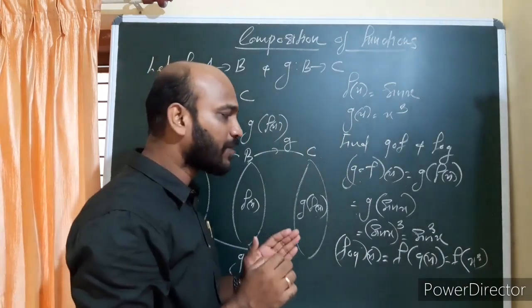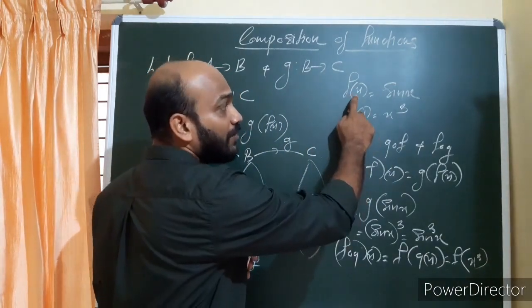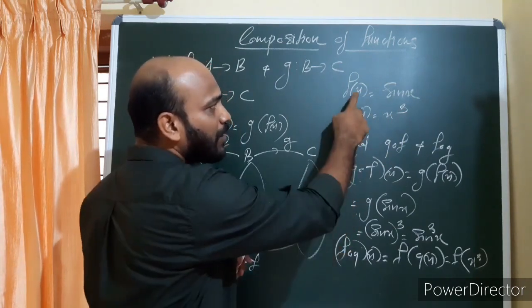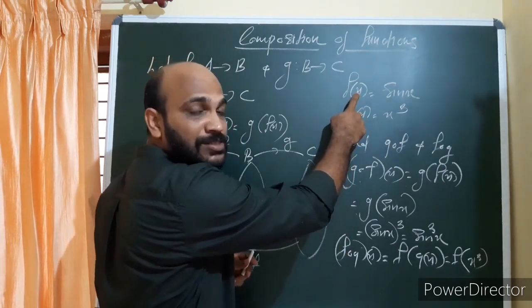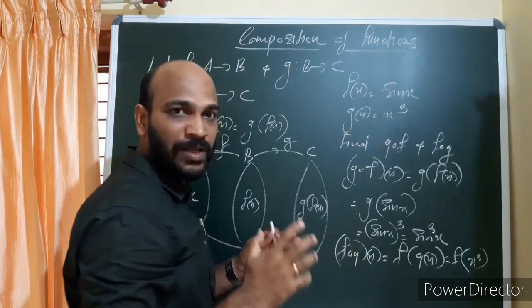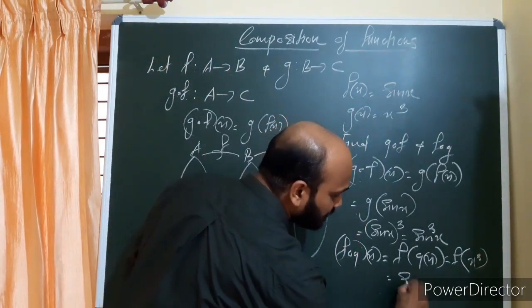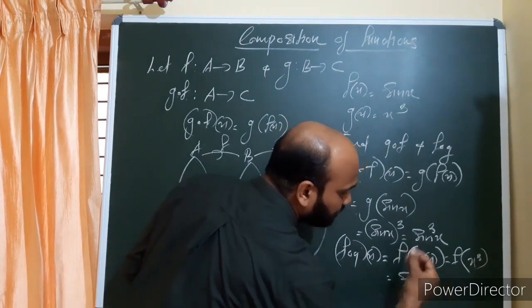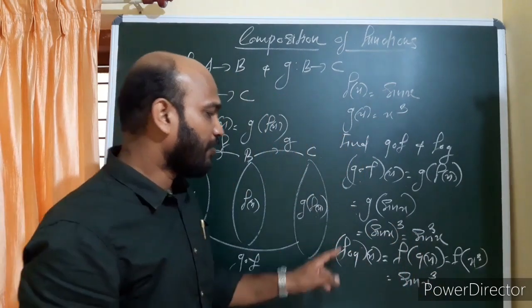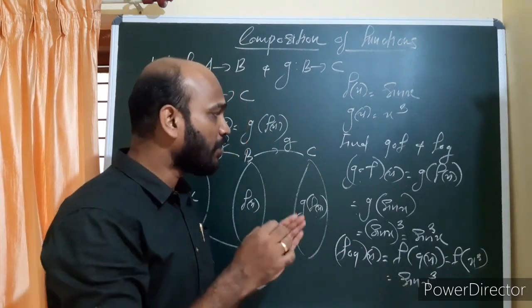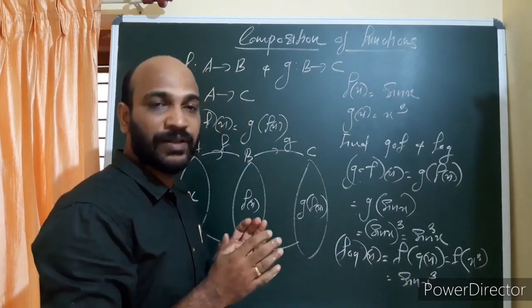For finding f(x cube), you have to use the definition f(x) = sin x. In place of x, we have to substitute x cube. So right hand side also, in place of x, we have to substitute x cube. So answer will be sin x cube. So (f∘g)(x) = sin x cube we are getting, and (g∘f)(x) = sin cube x we are getting.